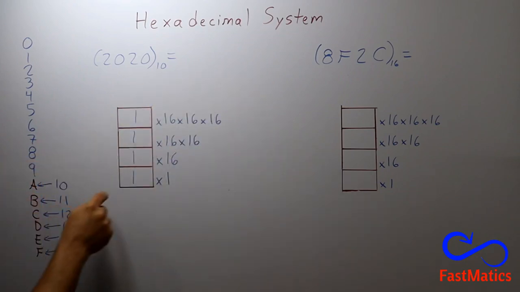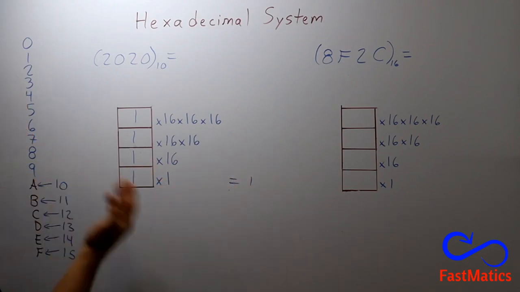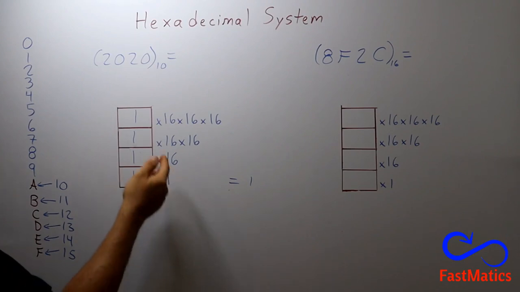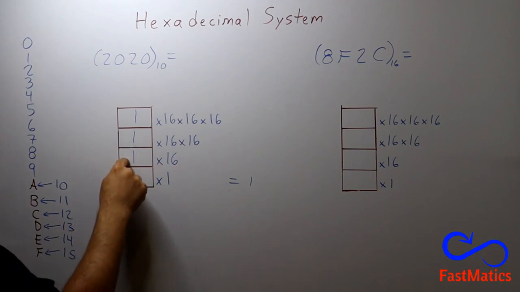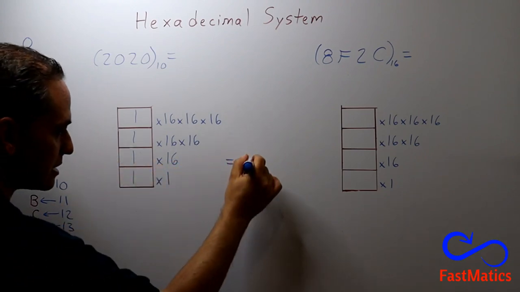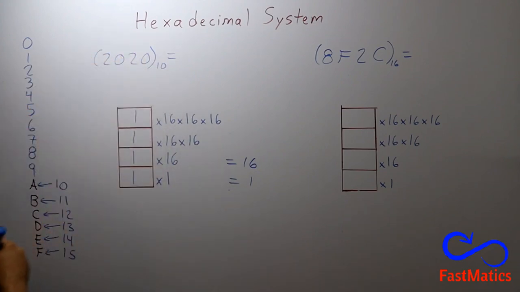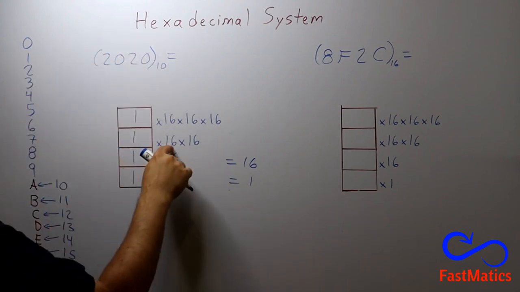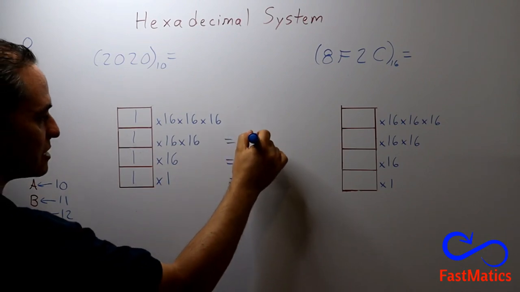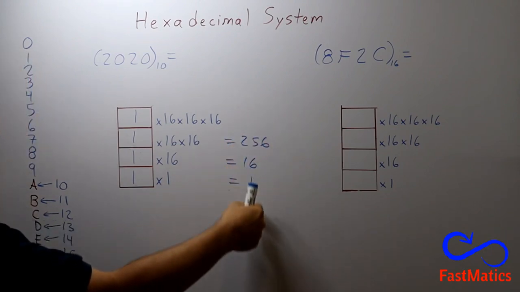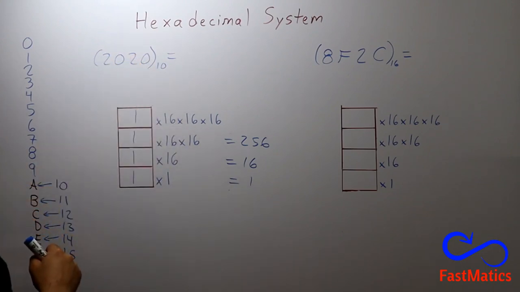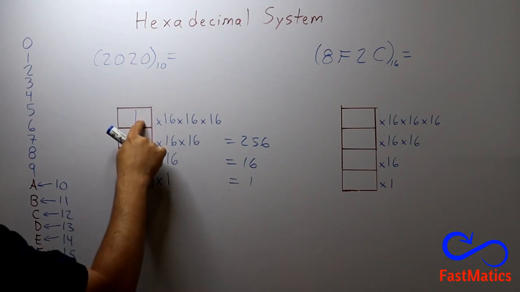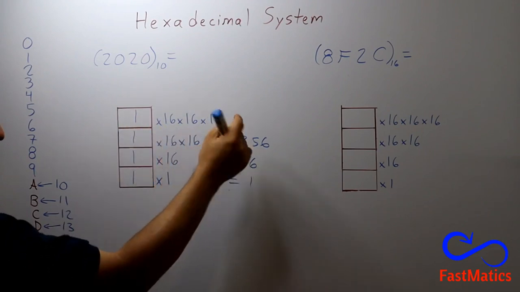What happens? If I put 1 here, 1 times 1, 1. No problem, because we have not reached the 2020. If I put 1 here, 1 times 16, 16, plus 1, 17, okay, no problem. 1 times 16 times 16, 256, no problem, because if we add those numbers, we are not reaching 2020. But what happens if we multiply 1 times 16 times 16 times 16?